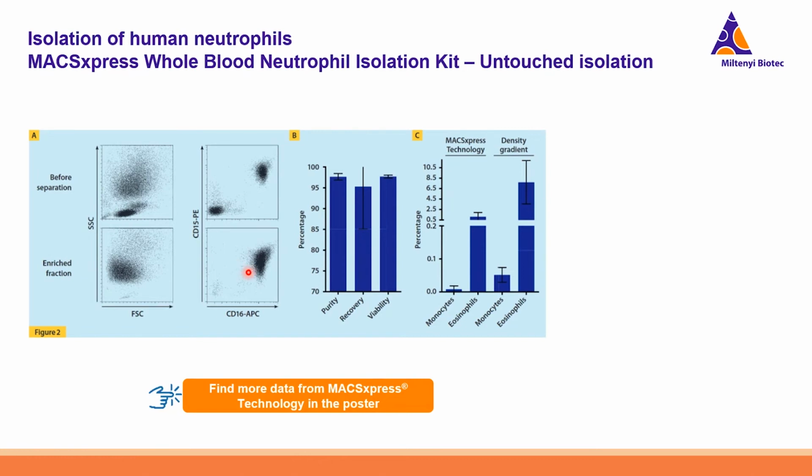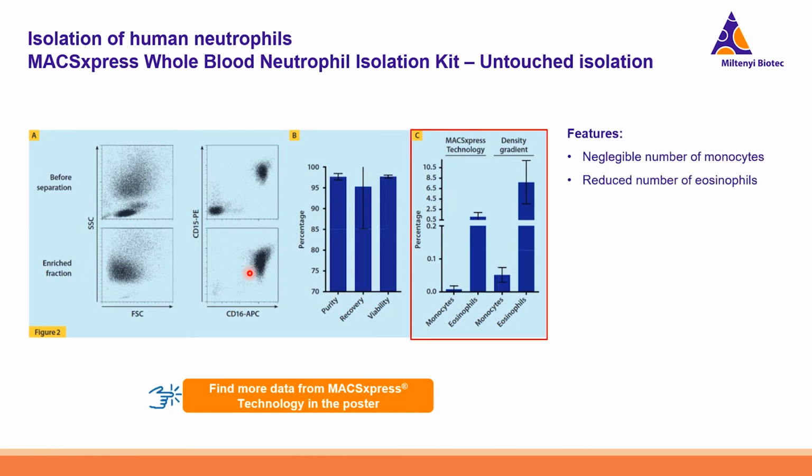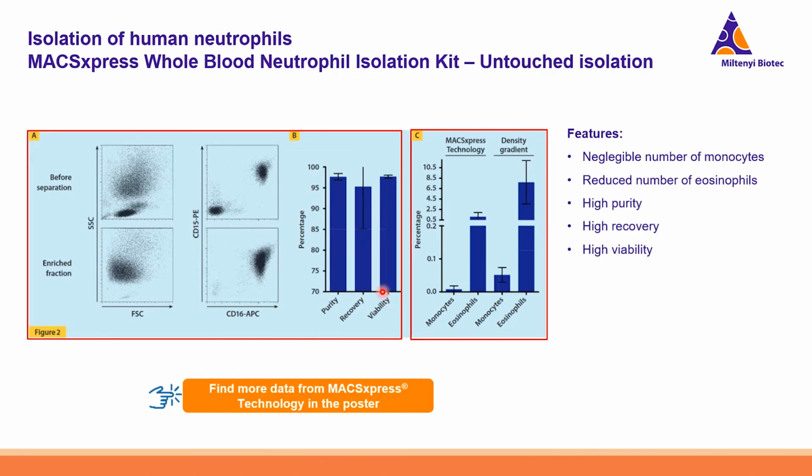The kit allows isolation of neutrophils with a negligible number of monocytes and a reduced number of eosinophils, as compared to density gradients, with high purity, recovery, and viability. And on the right, you see all the nice features listed for using this kit.